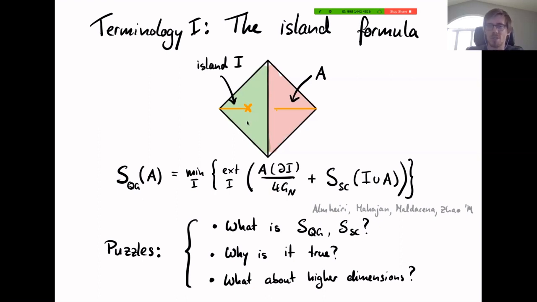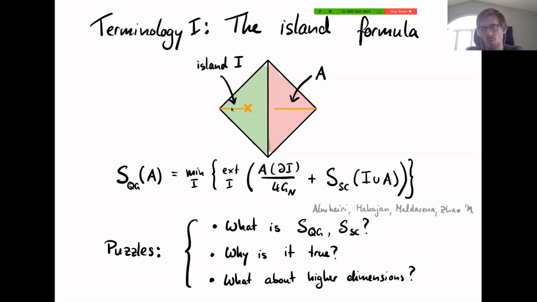Then you compute the entropy of A union this region I, and you pay a penalty for having this region. The penalty is the area of the boundary of this island, which in 2 dimensions was the value of the dilaton over 4G Newton. And then you extremize over all possible choices of islands.